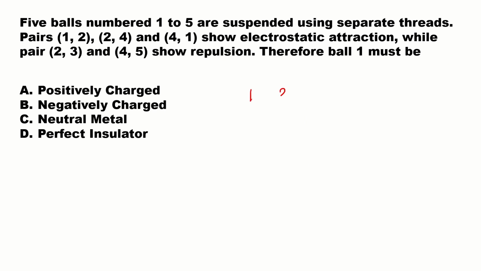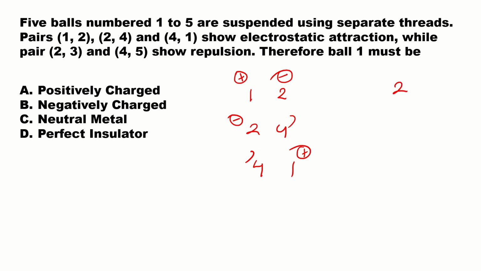So we have 1, 2, 2, 4, 4, 1. So let's say 1 is positive, 2 is negative, 4 can be either positive or neutral, but since 1 is positive, 4 over here must be neutral.